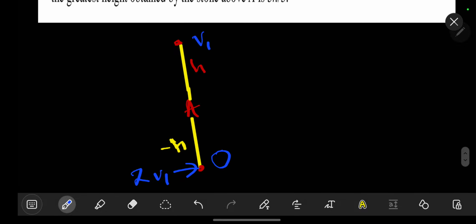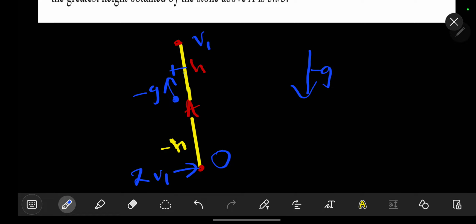Now if it is above A, it shall assume a positive. Remember, this is thrown up. So since it is thrown up, the gravity which is acting downwards will be considered to be negative. As long as the initial motion was thrown up, gravity is negative.